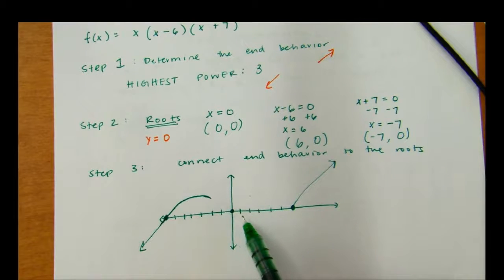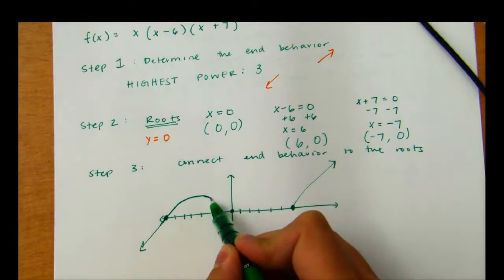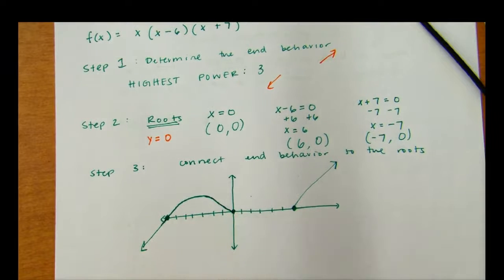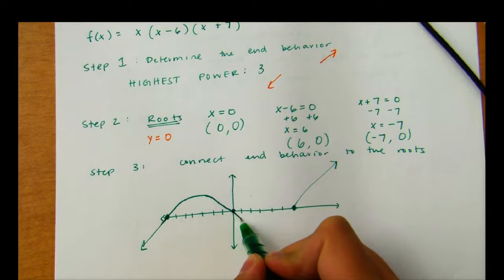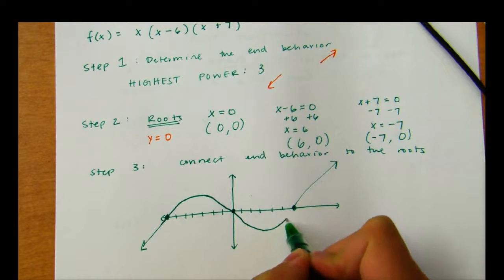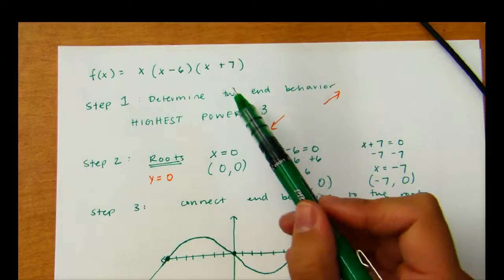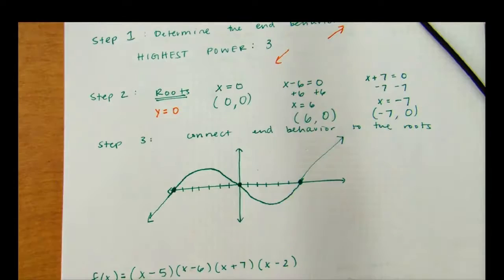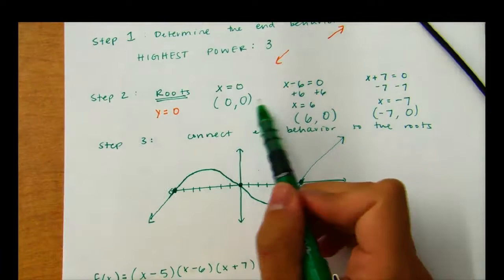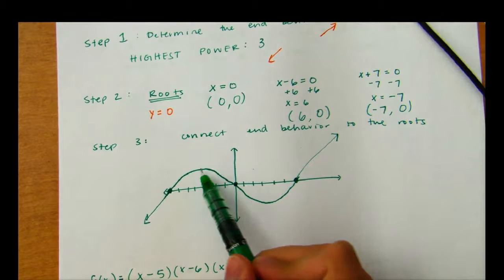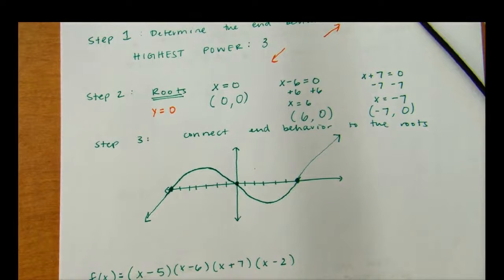Well, but now I've got to come back down and I've got to touch this root. So I've got to go back down through 0. Now my line is going down, and I've got to go back up. So I'm just going through each of these roots to connect my end behavior. So this is what my general graph of this function will be. You only need the critical points of your roots. I do not need to know how high or how low your graph is.